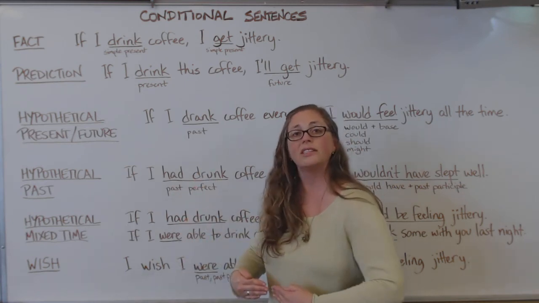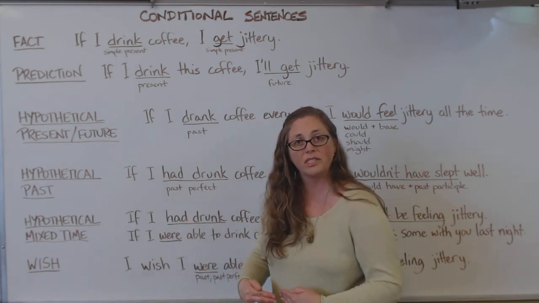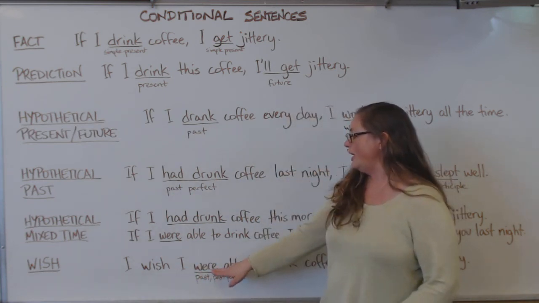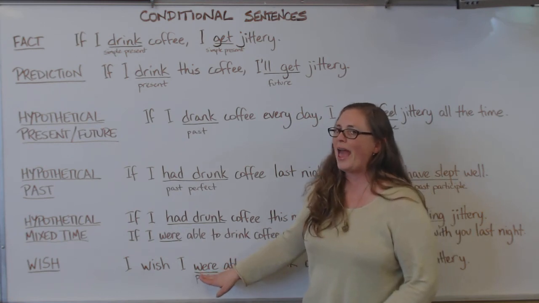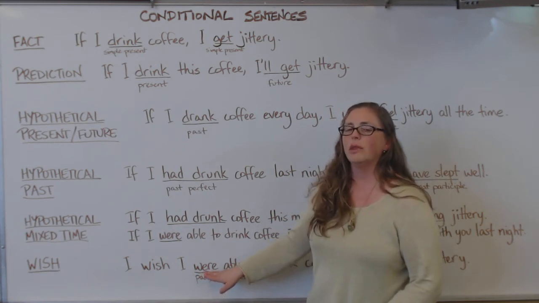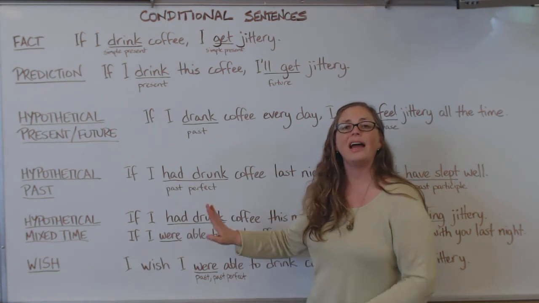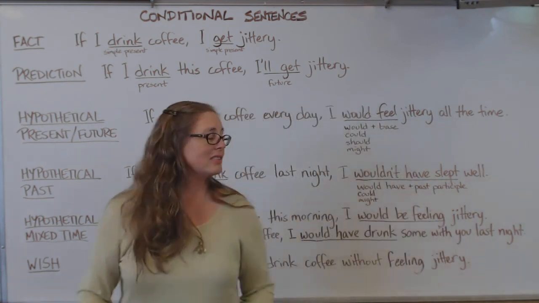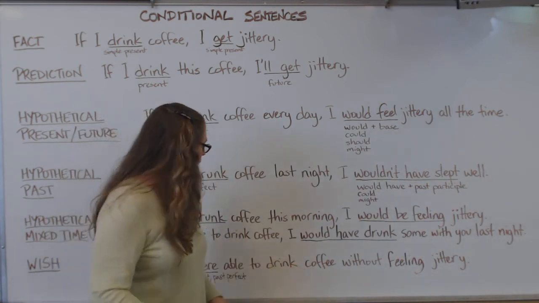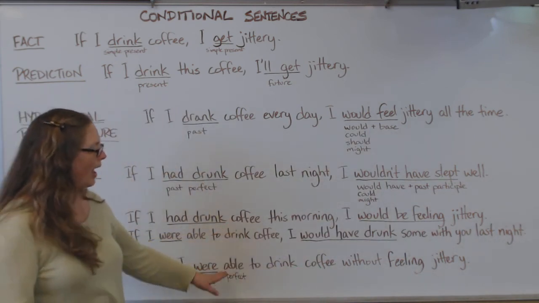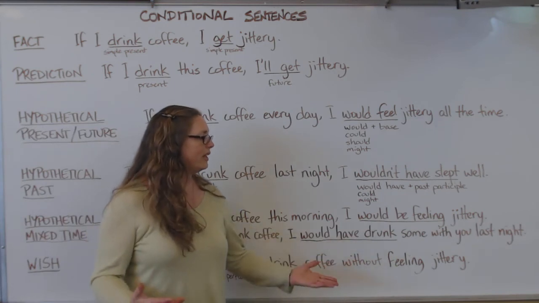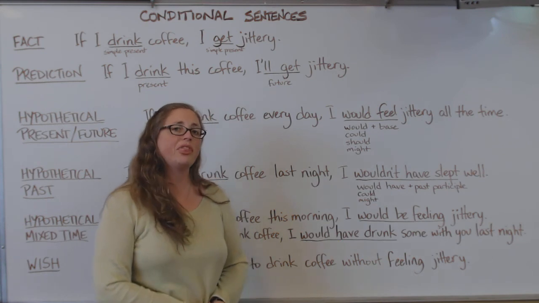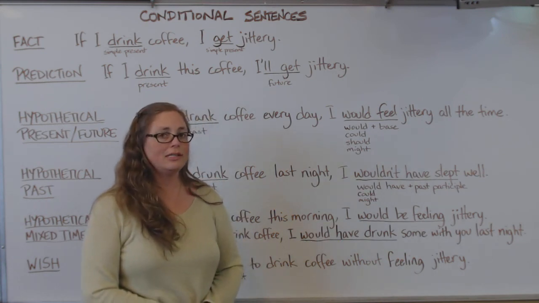That means moving one step back in the verb tense. So I wish I were able to drink coffee, not I wish I am able to drink coffee. We need to move it one step back. The idea is present, but the verb form is past. If I were able to drink coffee, I wish I were able to drink coffee without feeling jittery. That's my wish. So I'm using this hypothetical condition idea.